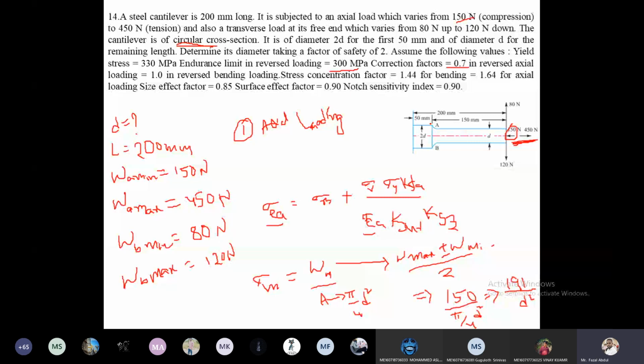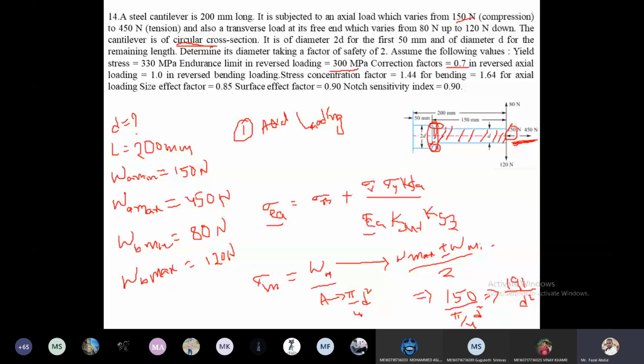So the length I am considering here is 150. It means load into perpendicular distance, W into L. Bending moment is 80 into 150, the minimum bending moment, and 120 into 150, the maximum bending moment.